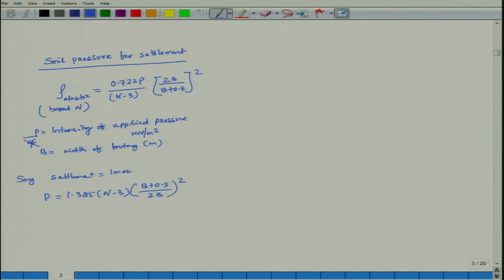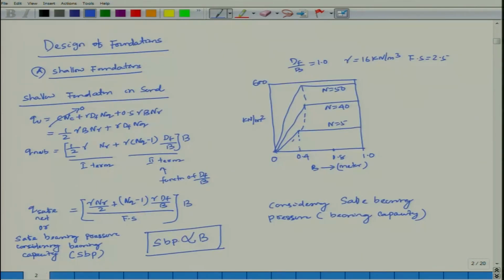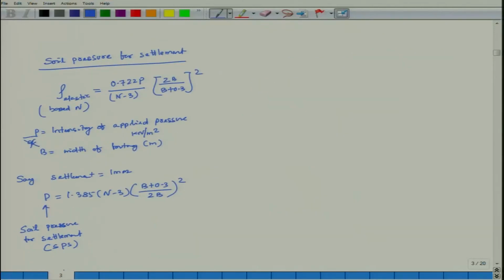This is generally termed as soil pressure for settlement, called SPS, earlier SBP, soil bearing pressure considering bearing capacity, and soil pressure considering settlement is SPS.